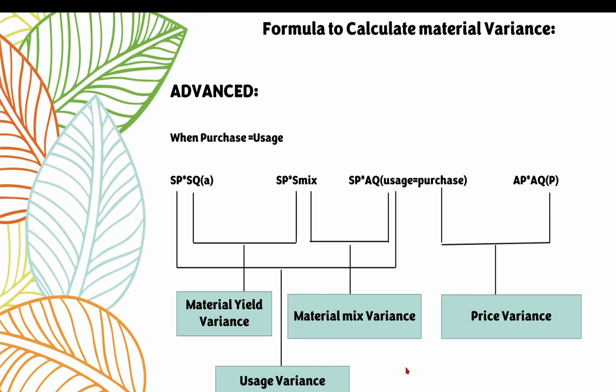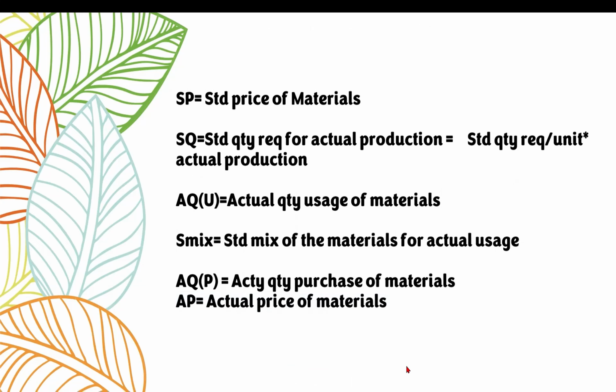Okay, so these are the terms: SP means the standard price of material per unit, SQ means the standard quantity required for the actual production, and in most questions these values are not given, so you need to calculate them. And how can we calculate? By taking the standard quantity required for one unit and multiplying it by the actual production.